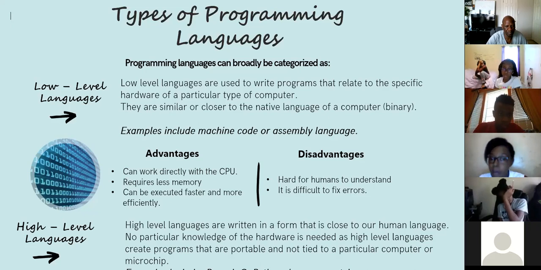The other type of programming language is the high-level languages. These high-level languages are written in actual English. So you who are writing that code understand what you're writing. But now the computer does not understand it.